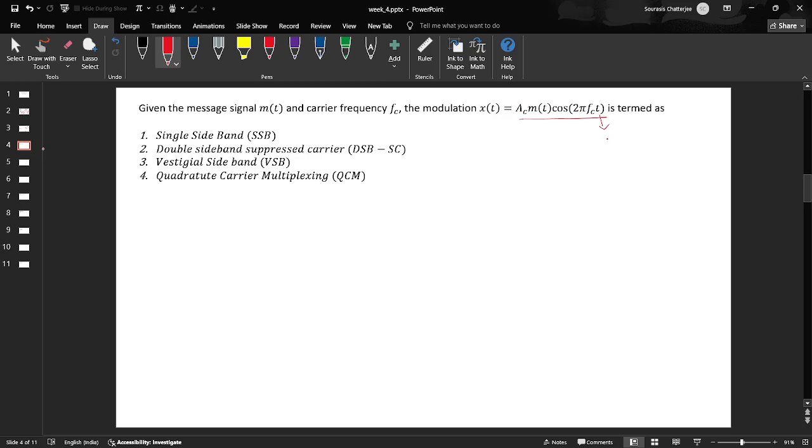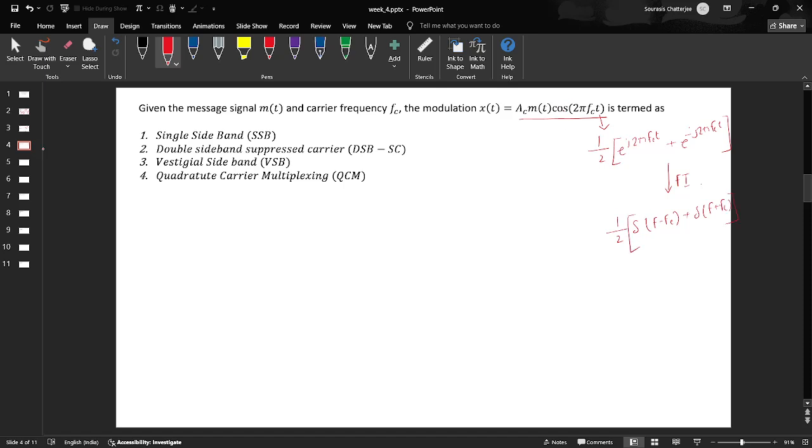corresponds to this expression, right? 1 over 2 times e to the power j 2 pi fc t plus e to the power minus j 2 pi fc t. And if I do the Fourier transform of that, what I will get is basically impulses at fc and minus fc, right?